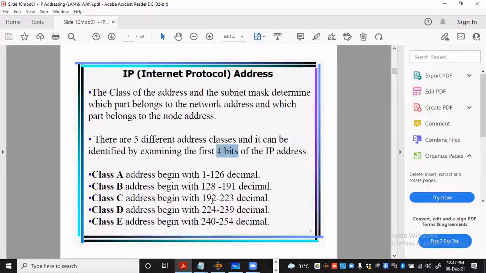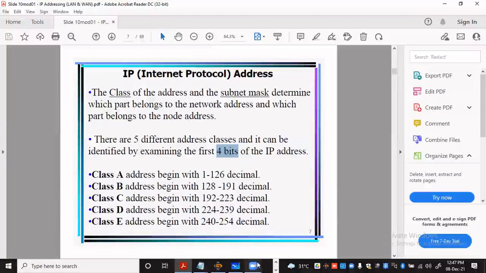Class C starts from 192 to 223, then class D is 224 to 239, and finally class E, which is reserved and never used, starts from 240 to 254 out of the 255 that we have.